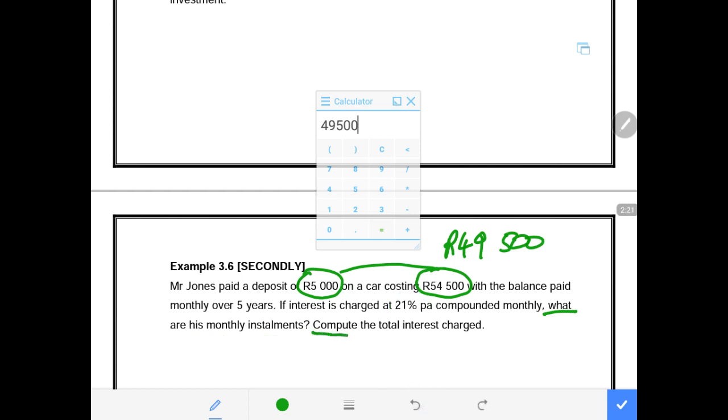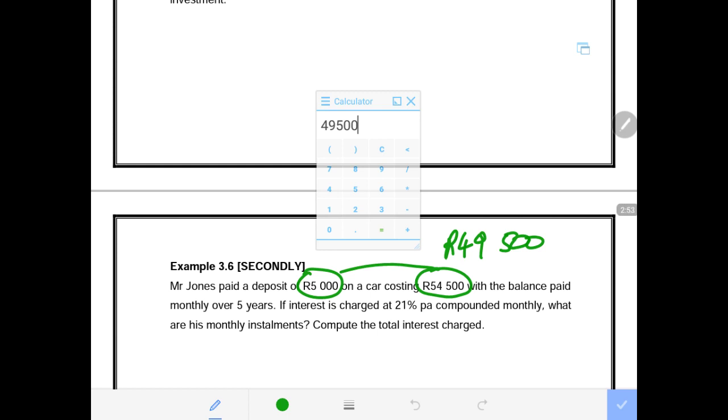Then after, we need to know how much interest he was charged. Remember, this is the amount that he was owing, but when he makes this payment for the next 5 years, the total will end up being above that amount of money. Why? Because of the interest that will be charged. But we'll deal with that and we're going to calculate it for you and show you how much interest he was charged over the period of this agreement.